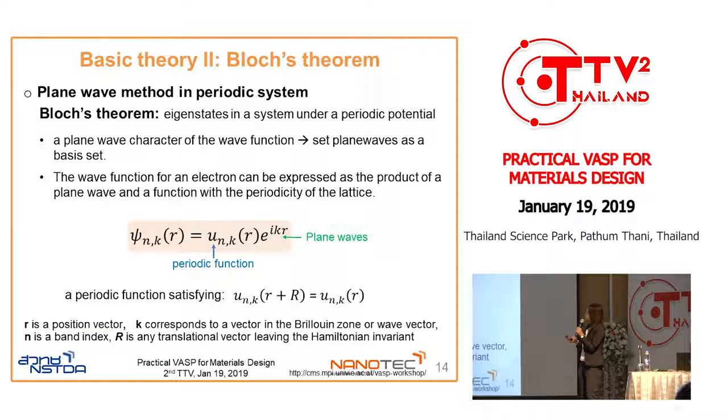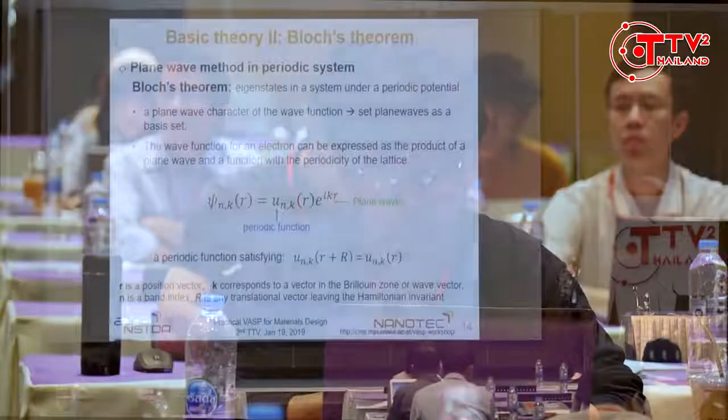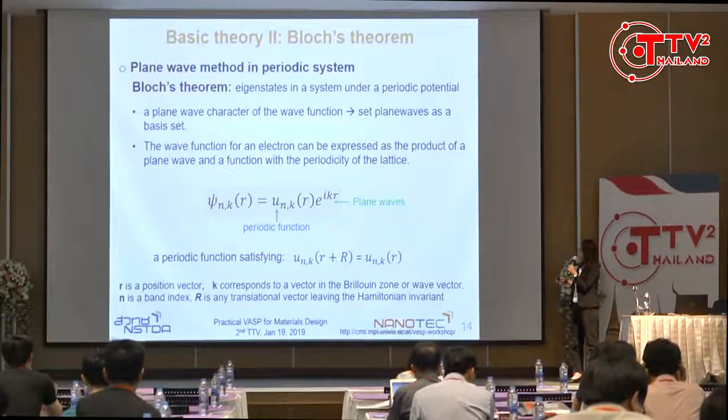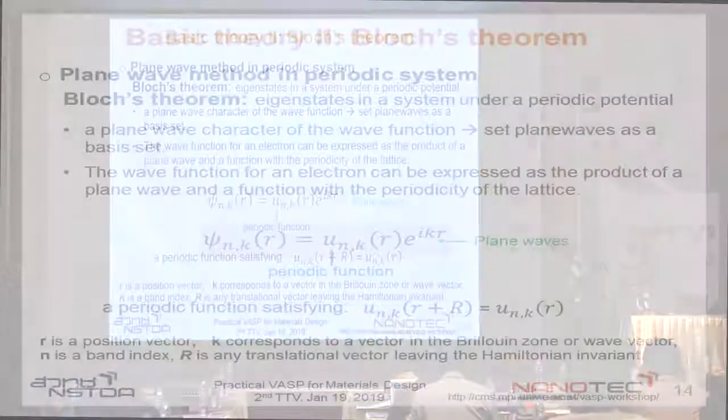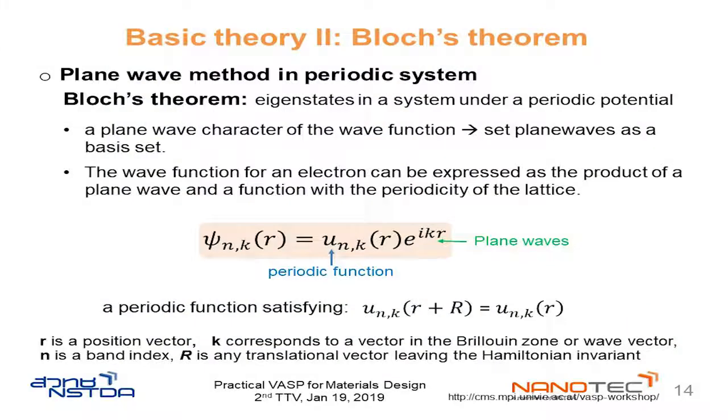And from the Bloch theorem that applies to the periodic system, the electron wave function can be represented by this form, the plane wave part and the periodic function part. So the periodic function has to specify that when you do the translational operation, it doesn't change the property of the basis set.